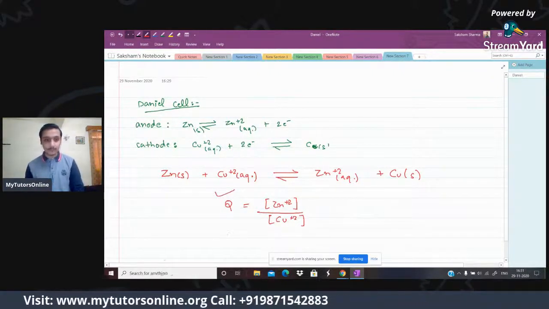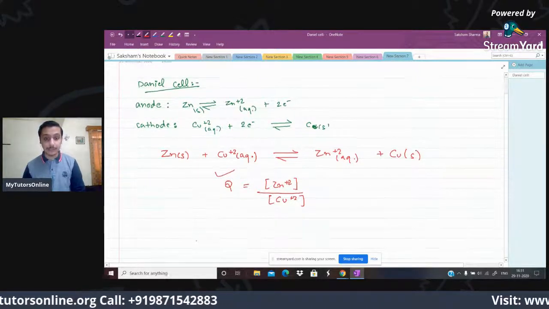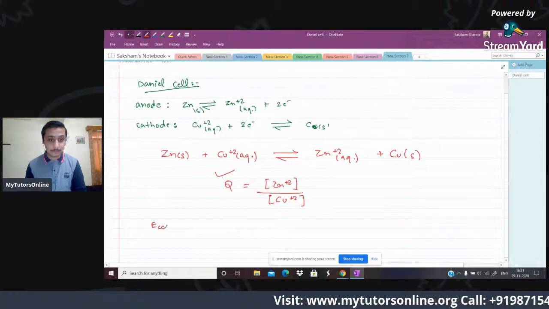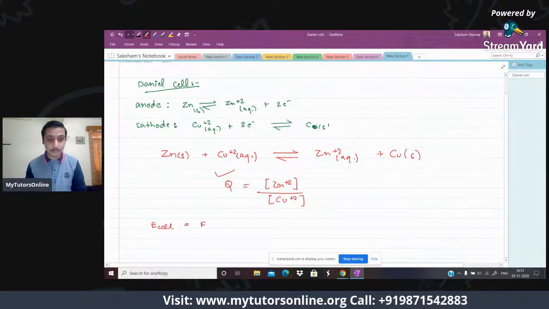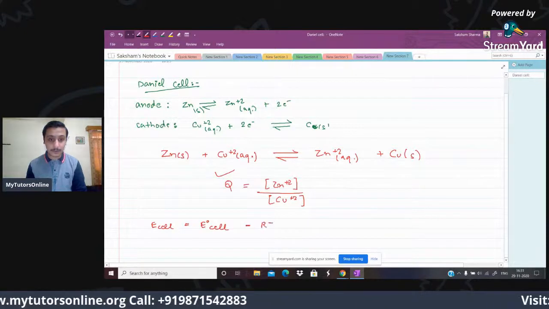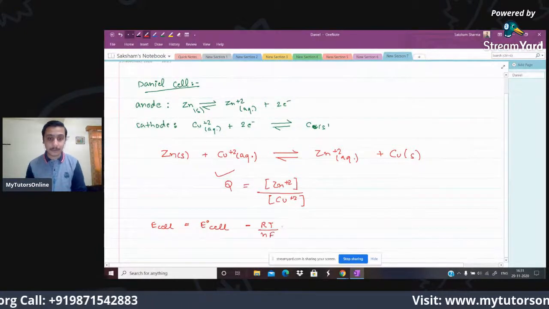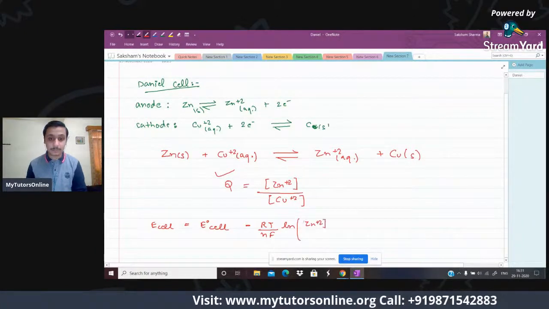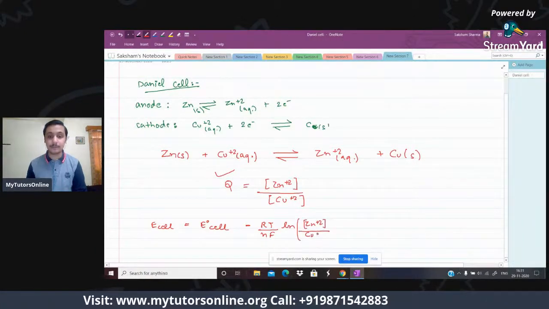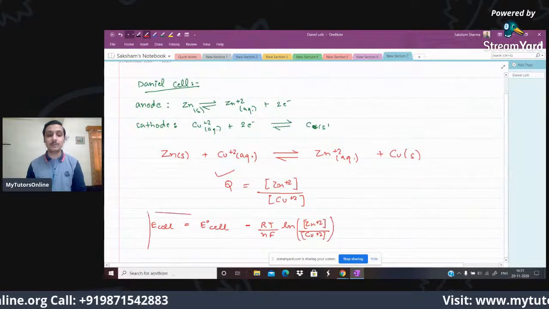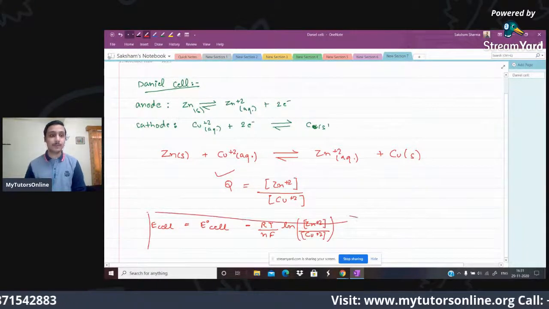Now, if you try to write the Nernst equation from this, it will be E cell equals E naught cell minus RT upon nF ln [Zn2+] upon [Cu2+]. This will be your Nernst equation for the Daniell cell.